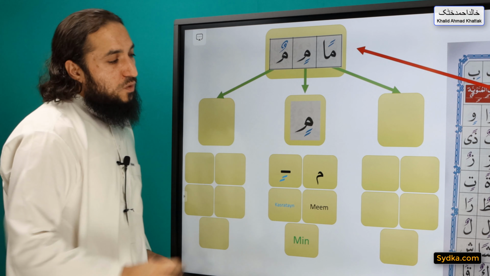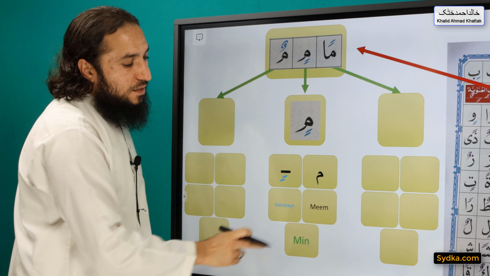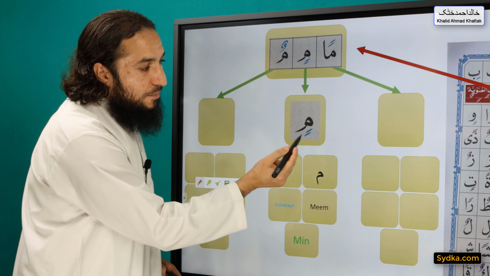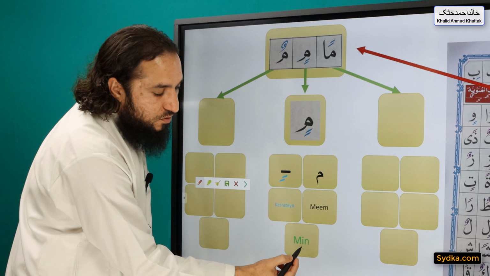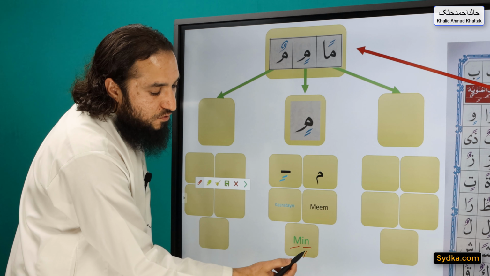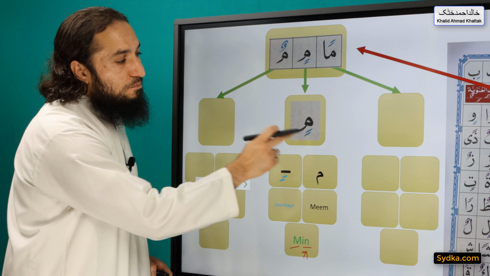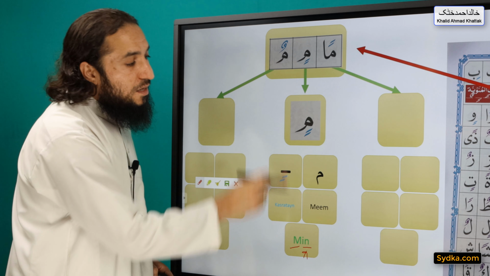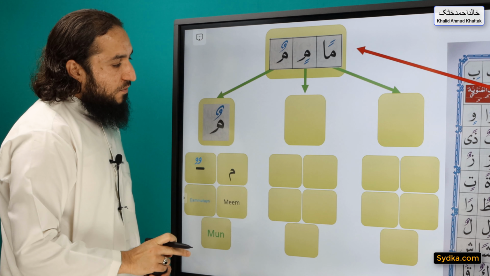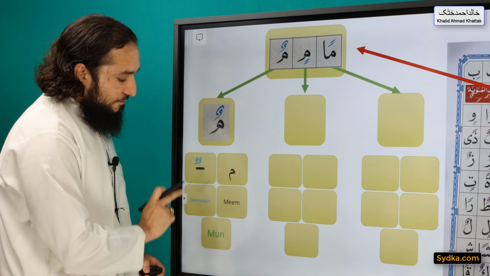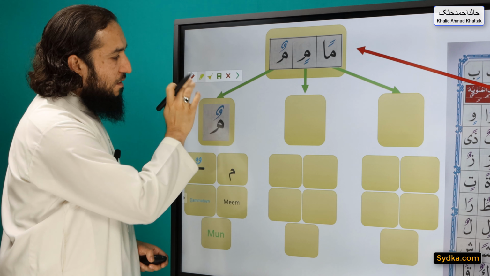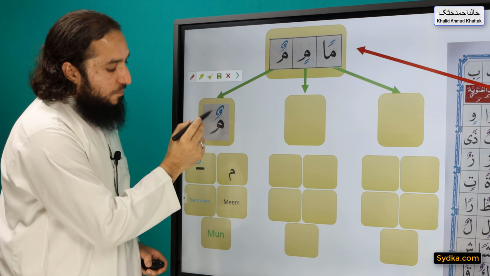If you go to the next one, mim kasratain min. In this case, the kasratain adds the sound of in. So m for mim, and in is for kasratain. Mim kasratain min. If we go to the third one here, mim dhammatain mun.